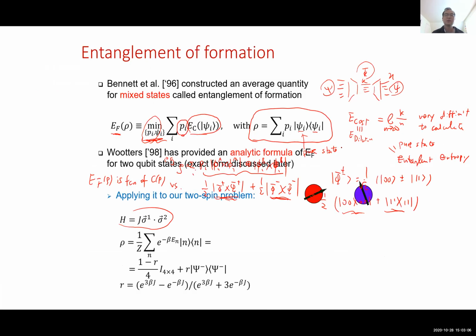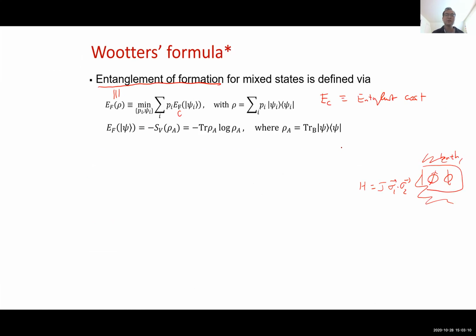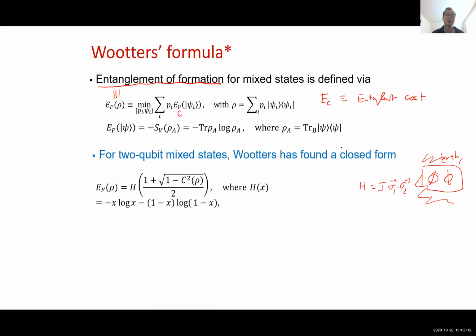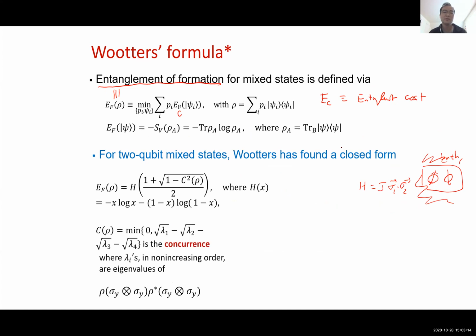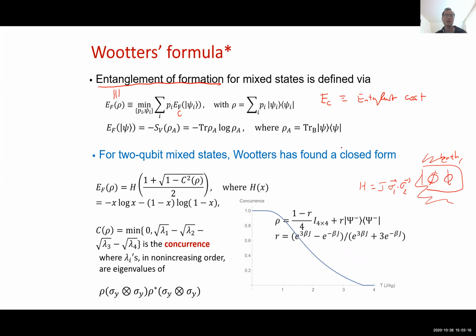So I think the Wootters formula is quite an achievement for proving that. Initially, it was a conjecture, and then they checked it seemed to be correct, and then there was a paper proving that. Yeah. Okay.